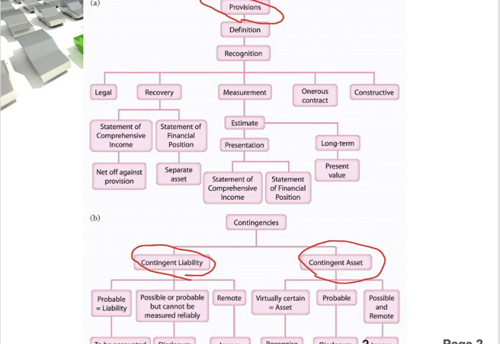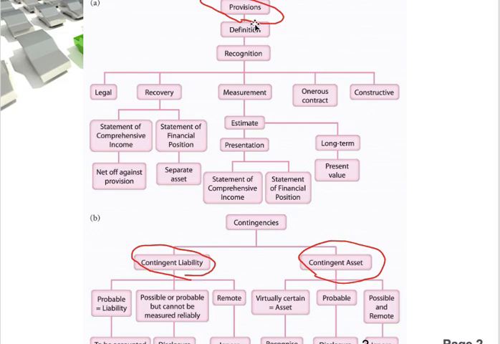Why is MFRS 137 so important? Because without this MFRS, companies can easily smooth their income. Later when you learn provision, when you recognize provision in the financial statement, the expenses will increase and your liability will increase.